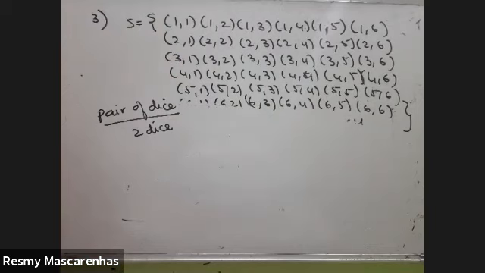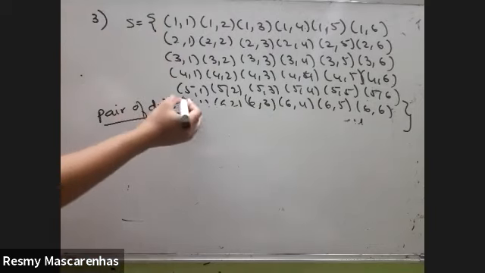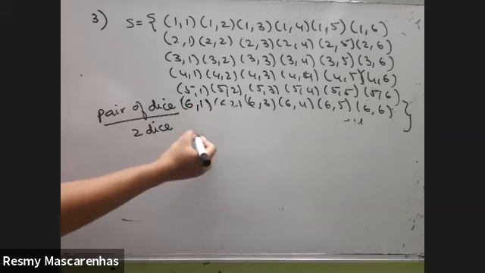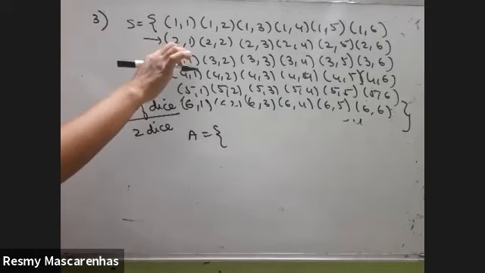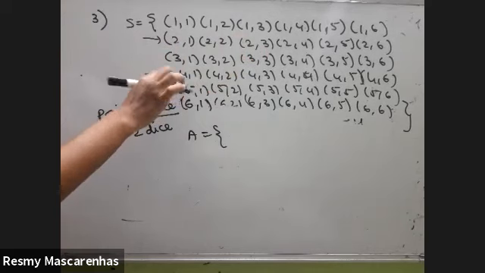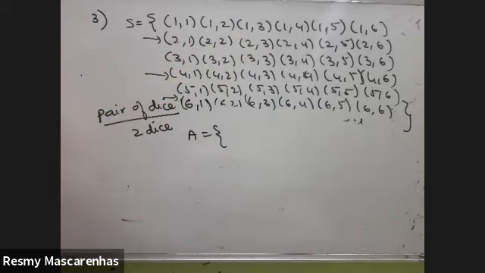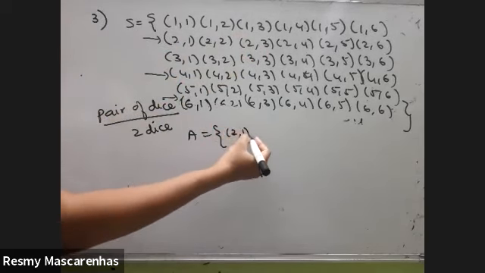So now we'll describe the events. Even number on the first die. Write those events only where there is an even number on the first die. So which is the line? This line. Even number on the first. This. We'll have to write these 3 lines.